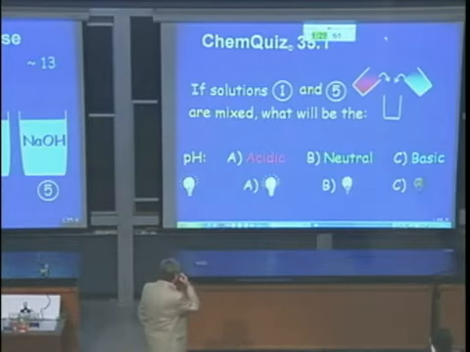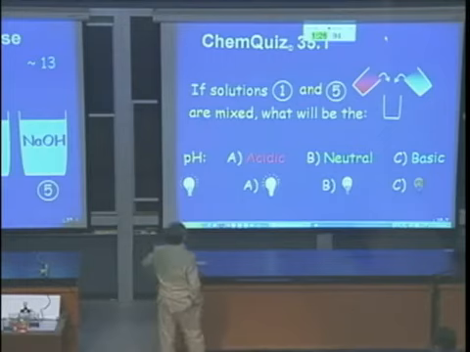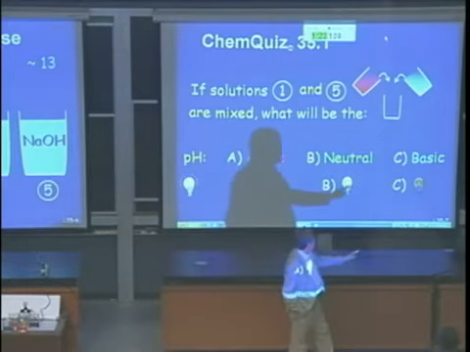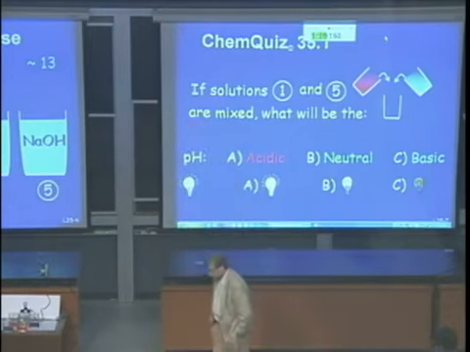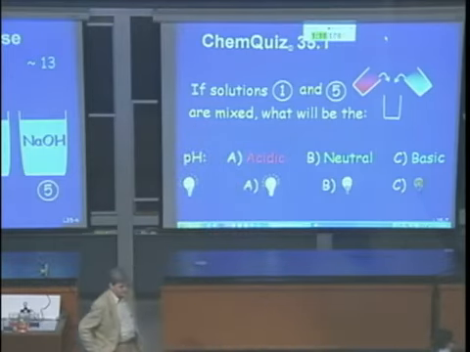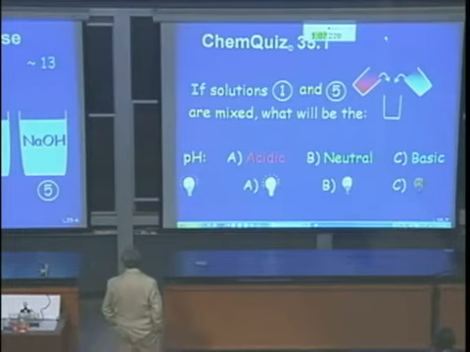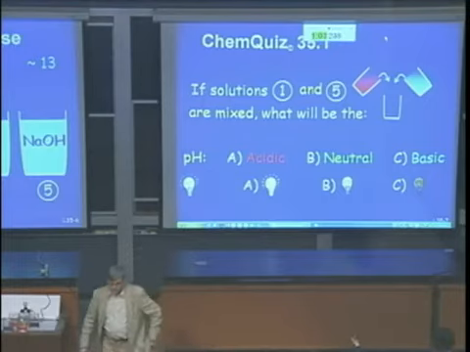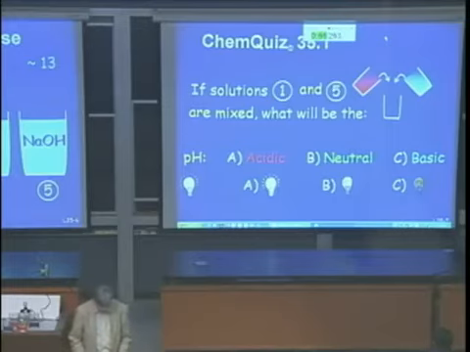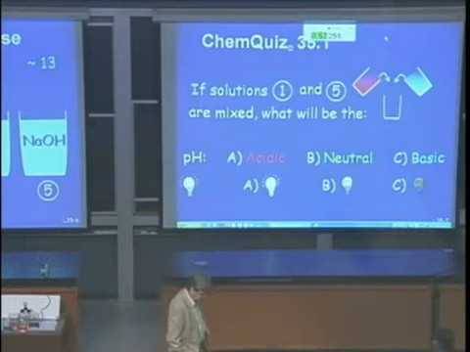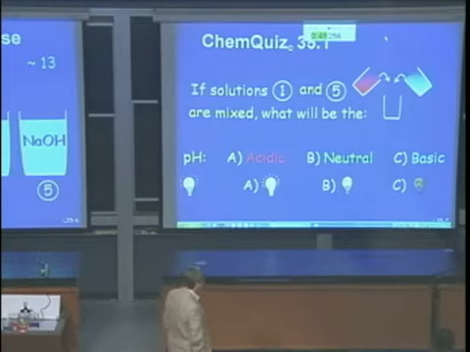So we neutralized it, and I want to know if it's bright, A; B, dim; and C, dark. Answering the wrong question. I did say it, though.